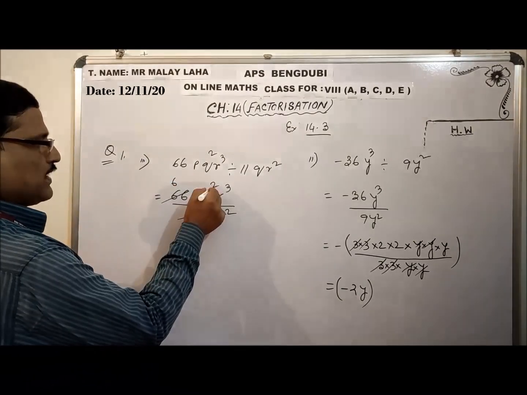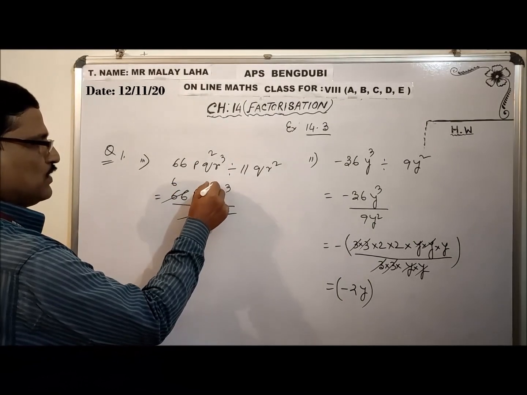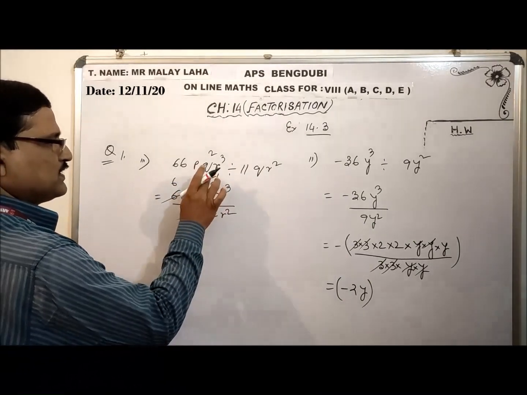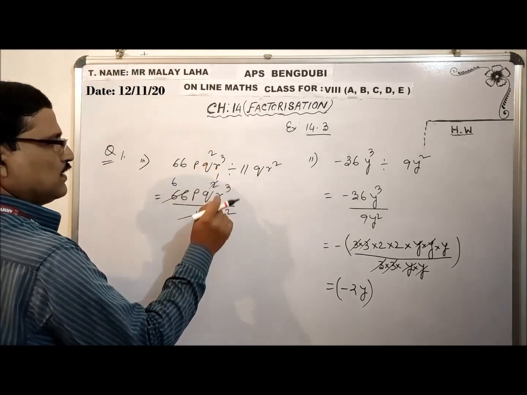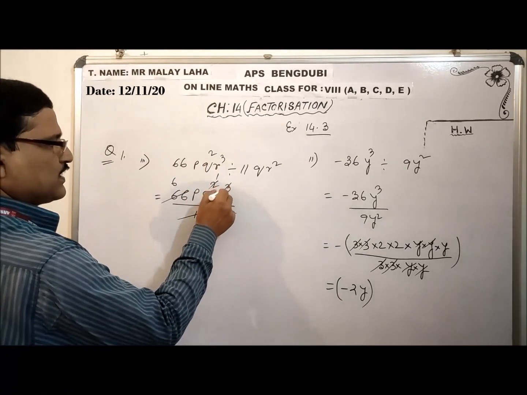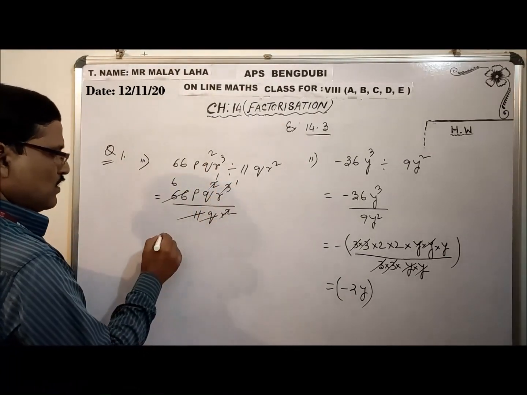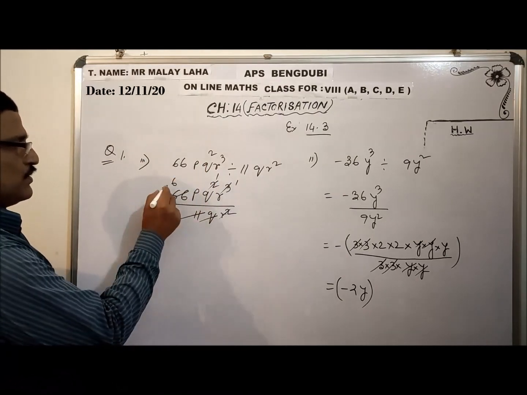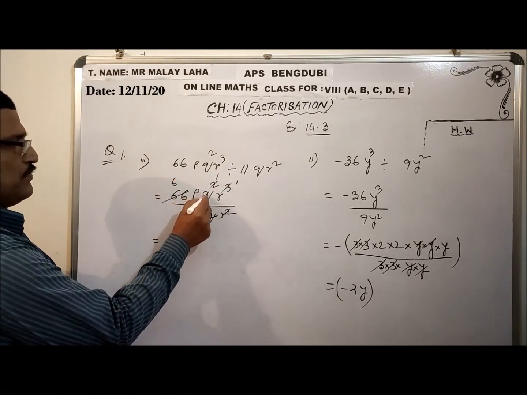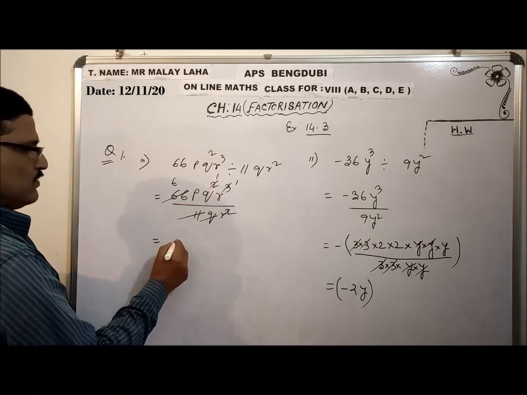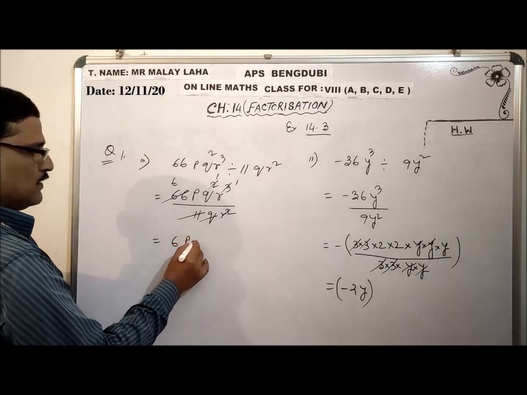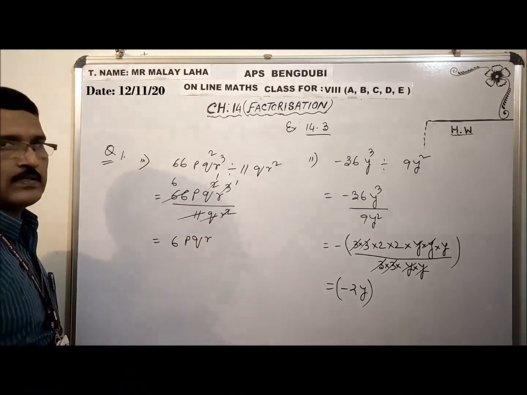Q, if I cut 1 q out of q square, 1 q is left. And r cube by r square, 1 r is left. What is left on the numerator? 6 p q r. So 6 p q r is the answer.